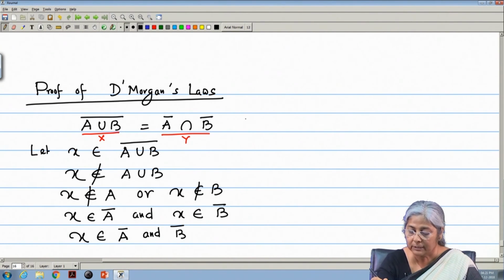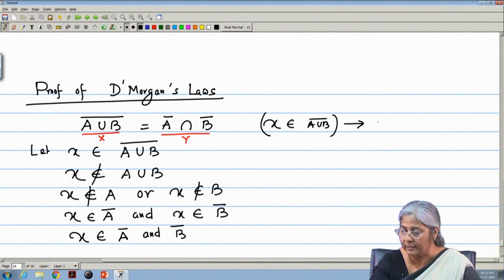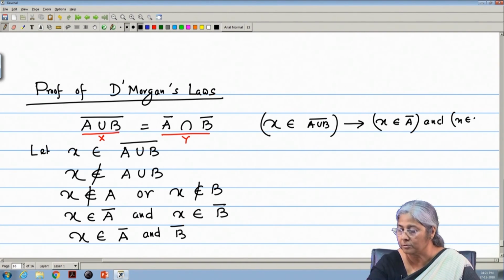So, we can tell that when we have taken x belongs to A union B complement, that implies x must be in A bar and x must be in B bar.